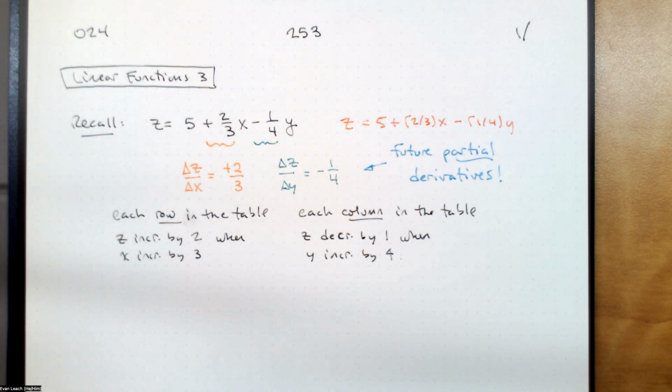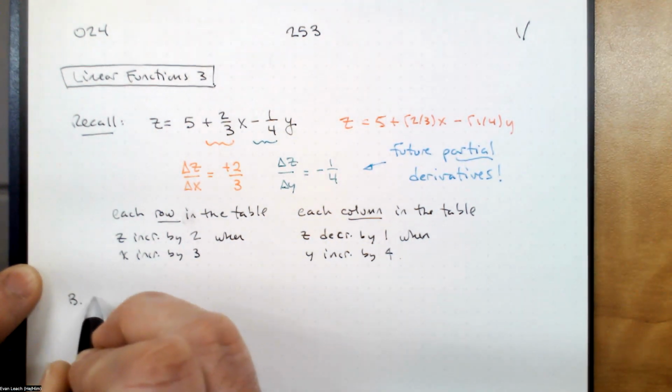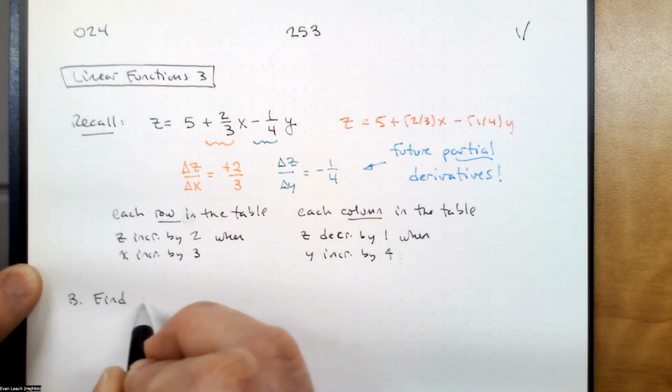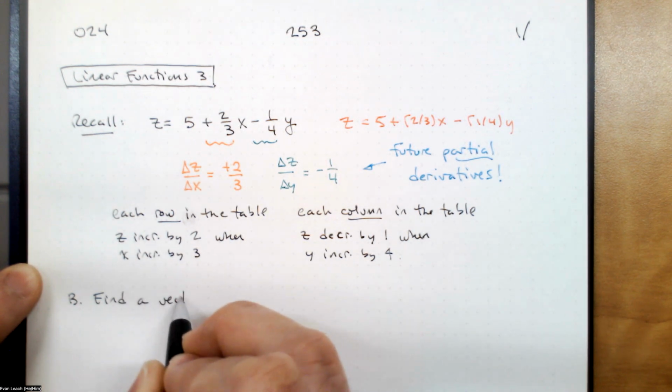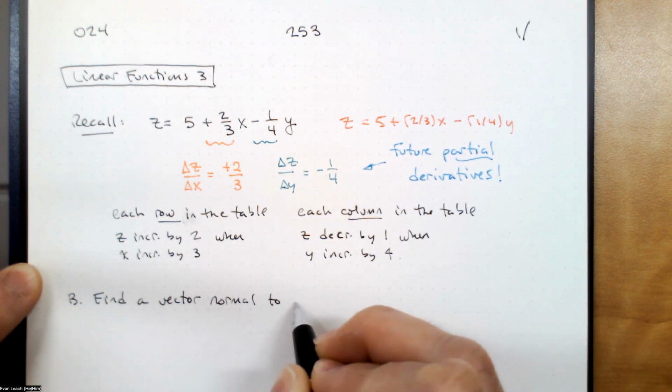A linear function in 3 variables will be a plane in R3. And one of the things that we care about is a vector normal to the plane. And there were 2 things that we could do.